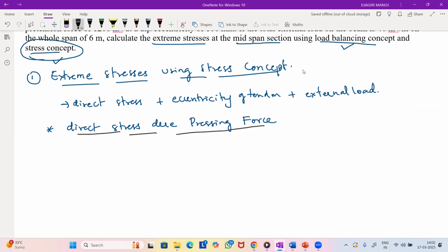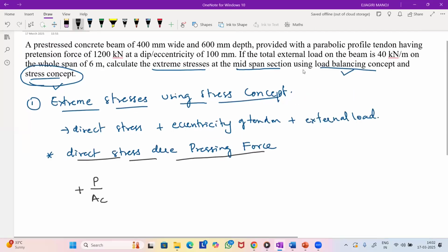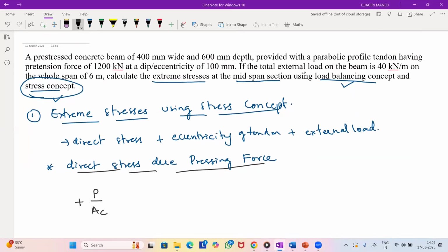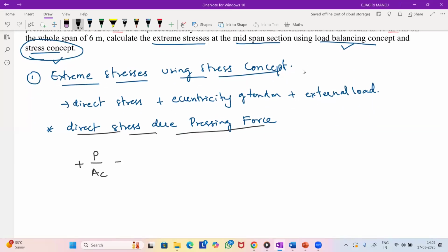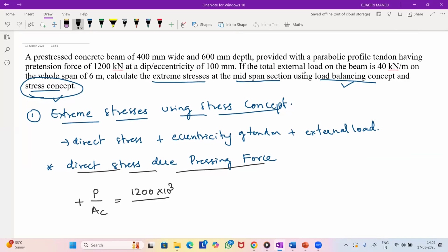So the formula we are going to use is pre-stressing force divided by area of concrete. Okay, so here in the question he has given the pre-stressing force of 1200 kilonewtons, and remember always this direct stress will be positive. I'm converting it to newtons. Area of concrete is 400 into 600, so 6 4s are 24.